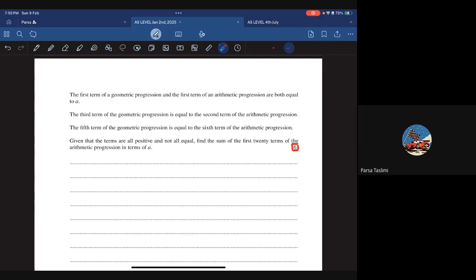See, you're supposed to find the third term of the geometric progression, and you're supposed to put it equal to the second term of the arithmetic progression that you will find. How will you find those? Well, if I knew the answer to that, we wouldn't be here.